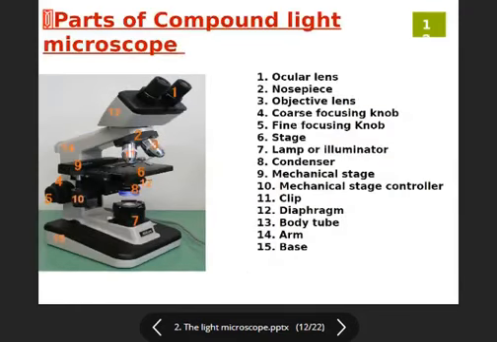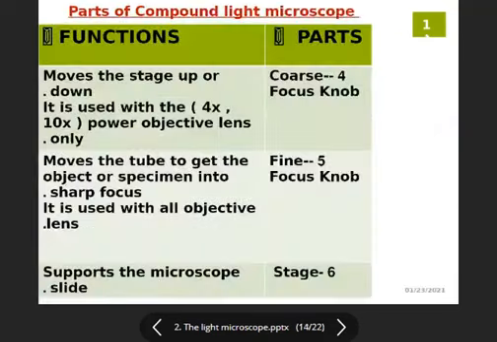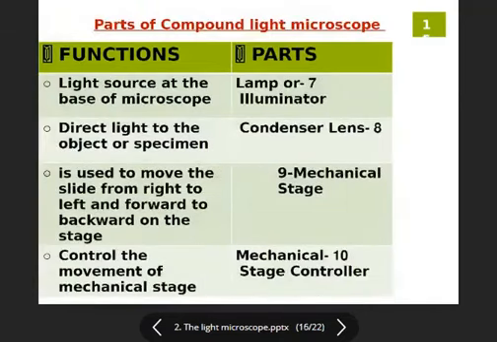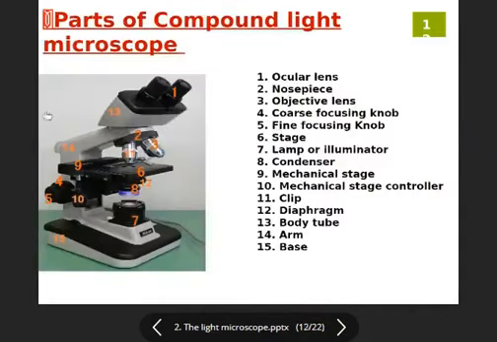Now dear students, this slide is very important, because many questions can come in the exam from this slide. This slide and all of these slides are showing different parts of the microscope and their function.